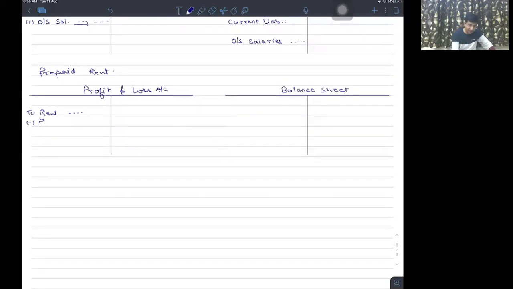Therefore, subtract prepaid rent. The outer amount column will be the balance. And in the same way, in the balance sheet onto the asset side, under current assets, we'll be showing prepaid rent.